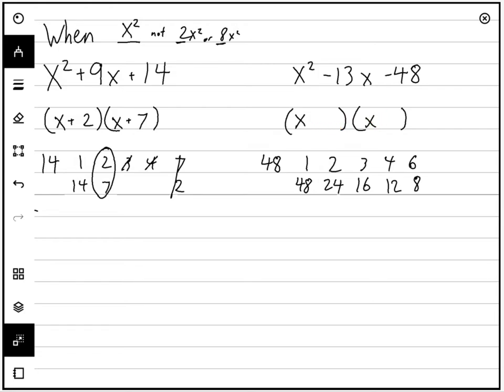So I'm just going to put the first one as negative and the second one as positive. I know that second one's going to be positive because if you multiply a negative number by a positive, you get a negative number. So one of them has to be positive and one of them has to be negative.